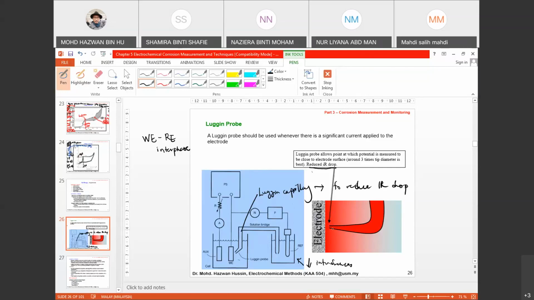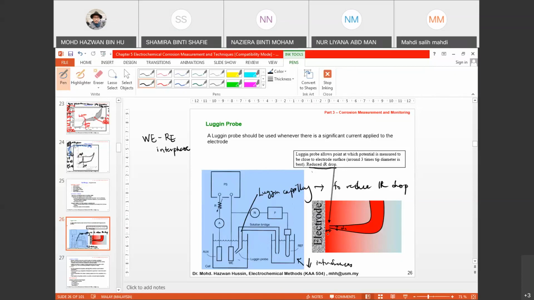That is why the Luggin capillary has been placed near the working electrode, and in fact, the distance between the working electrode and the Luggin capillary must be equal to the diameter of the capillary.